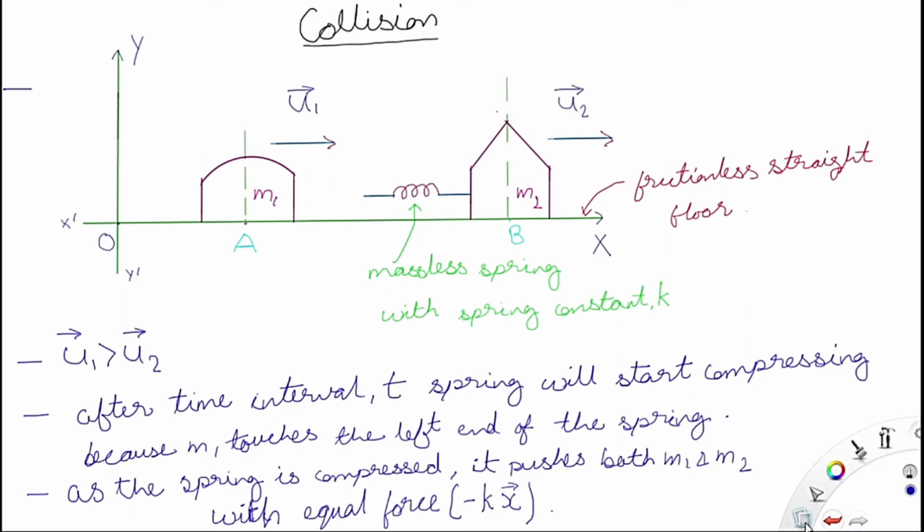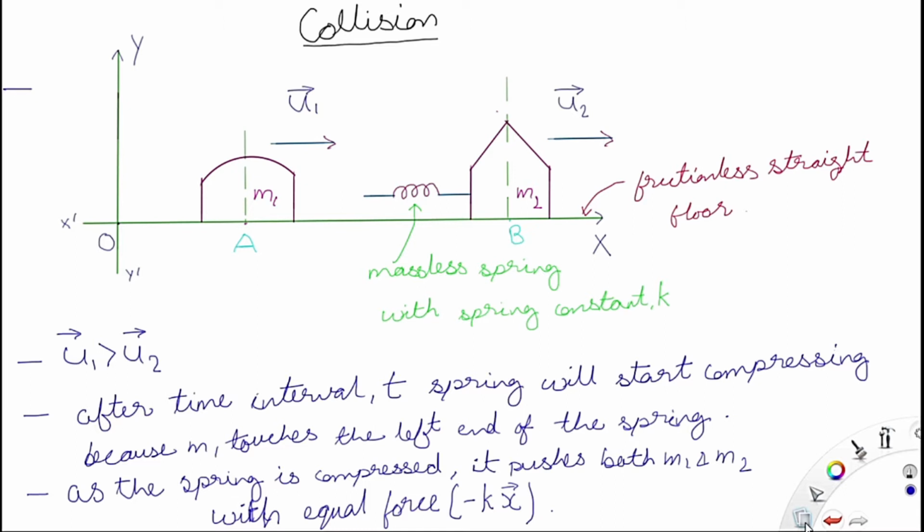The compression will generate a restoring force which will have a value of minus k into x, where k is the spring constant or stiffness constant and x is the displacement.